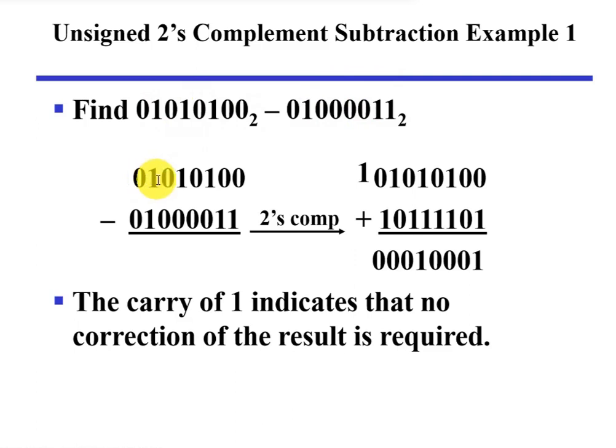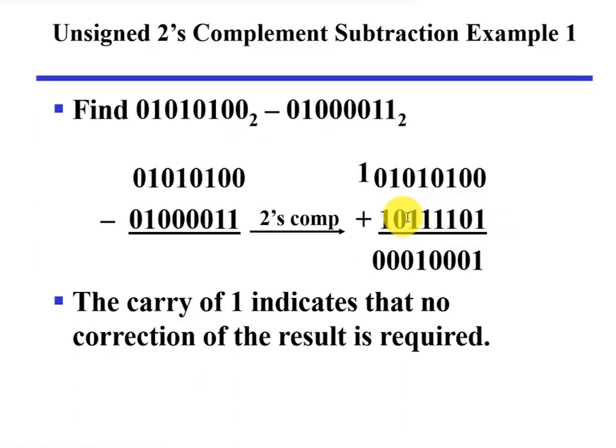So these are the minuend, and these are the subtrahend. Instead of subtraction, we take the 2's complement. The 2's complement of this is equal to the 1's complement plus 1. Then we obtain the following.